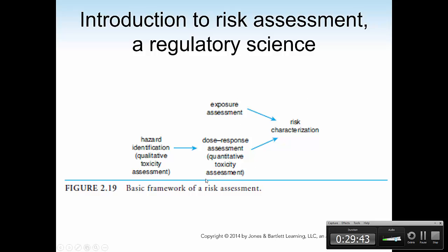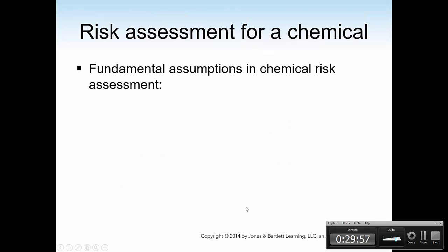So we look at dose response assessment, quantitative toxicity assessment, or sometimes if we don't have that, we can look at exposure assessment. And then from there, we can calculate risk and characterize risk. This is going to harken back to our previous lecture, so bear with me.